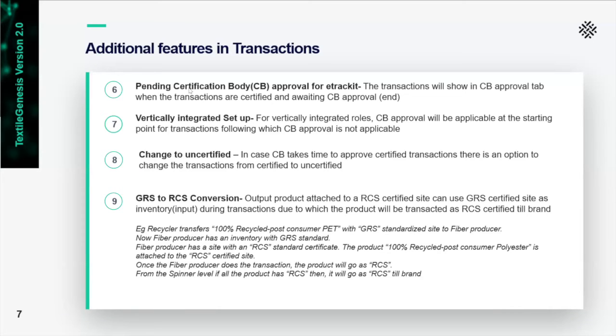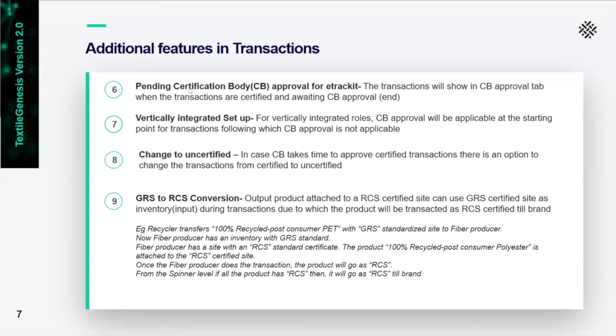GRS to RCS conversion: supposing you're creating a product which is attached to an RCS certified site, you can still use a GRS certified site as an inventory. So while you're trying to conduct a transaction, in the inventory you can choose the inventory which is GRS certified, and then the product will be transacted as RCS certified till the brand.